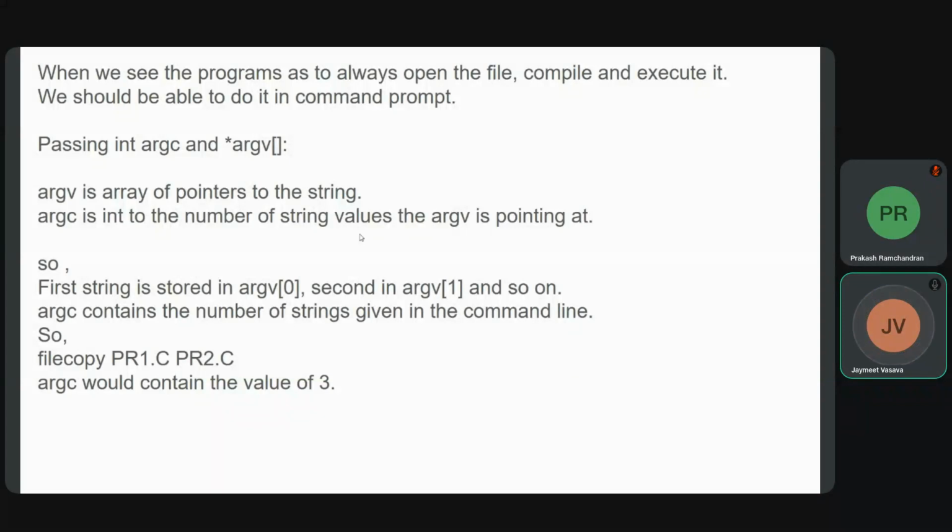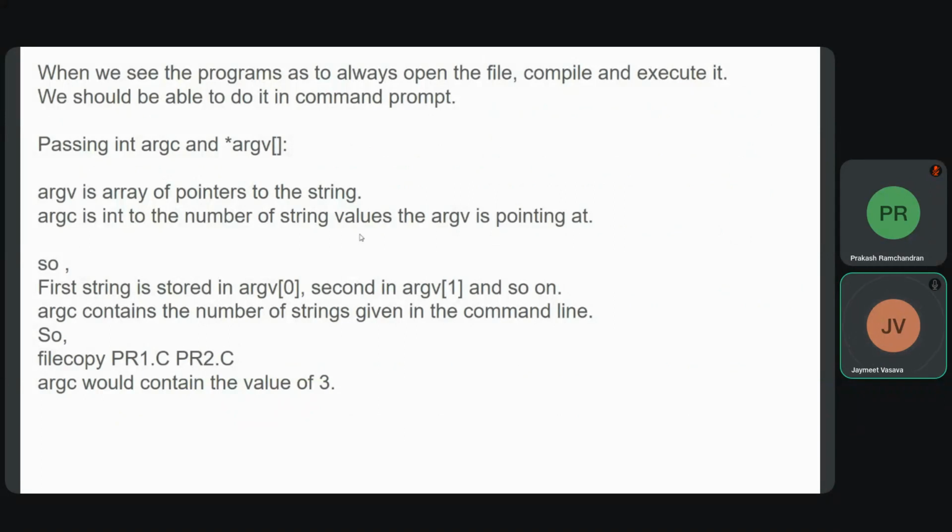When we see programs, we should be able to open the file, compile and execute it in a command prompt. That is where the passing of int argc and pointer argv is used. argv is the array of pointers to the strings, and argc is the int giving the number of strings argv is pointing at.